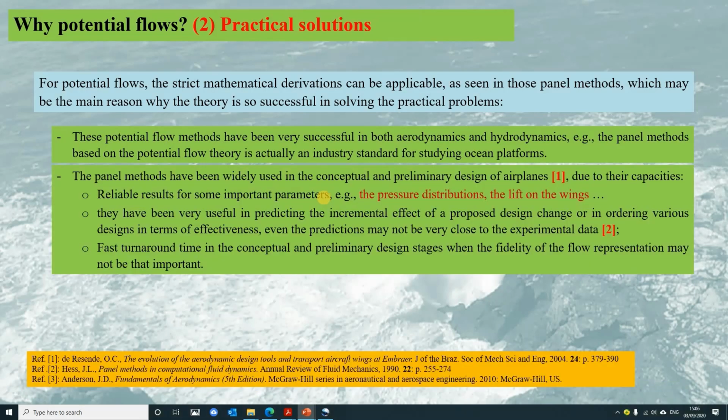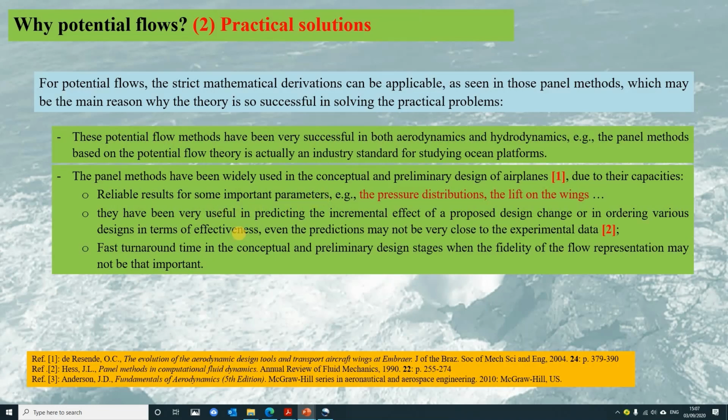The potential flow method has been widely used in the conceptual and preliminary design of aeroplanes. Due to its capacities, it can provide reliable results for some important parameters, for instance, the pressure distributions, the lift on the wings, etc.